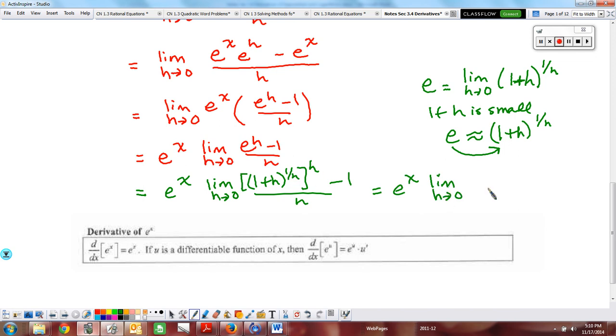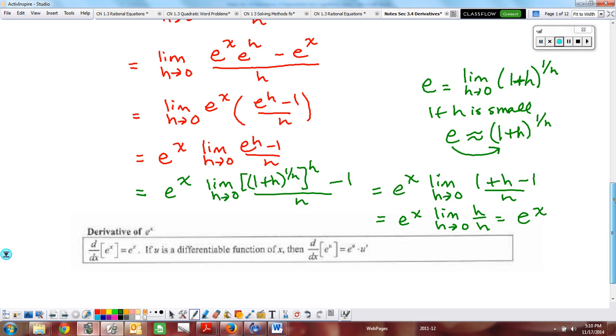These cancel out, and I'm left with 1 plus h minus 1 over h, which is e to the x, limit as h goes to 0 of h over h, which is 1, and the limit of a constant is the constant, so I end up with e to the x, and we're done.